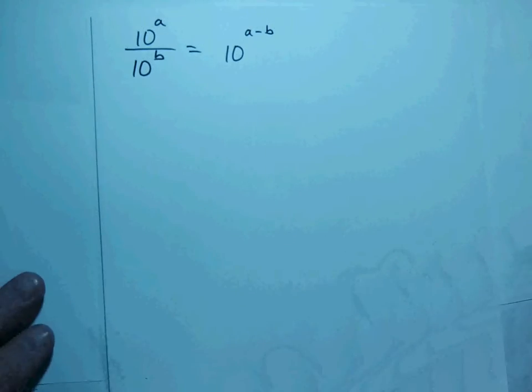Now, let me ask you this question. With either one of these two things, what happens when we have a negative exponent involved? Remember in our last video, we had some negative exponents. And that just meant 1 over the positive exponent. Well, all the same rules apply.